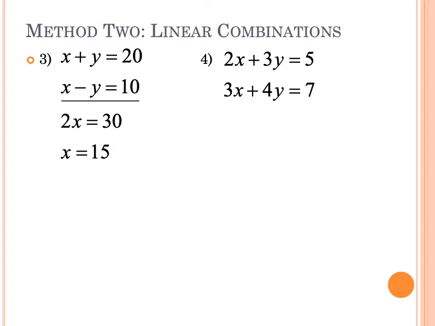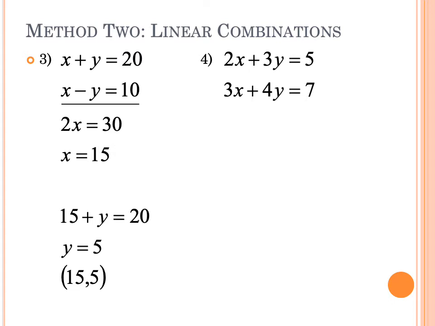That's the goal for these linear combinations or eliminations: we want to add them together to where we're eliminating one of the variables. Here we have eliminated the y's. And so you get 2x equals 30, and then from there it's just working through some basic algebra to solve for x. We can substitute from there into either one of the equations that we want, whichever one looks easier to us. I've substituted into the one with the addition, and then solve from there. And again, we get x equals 15 and y equals 5.